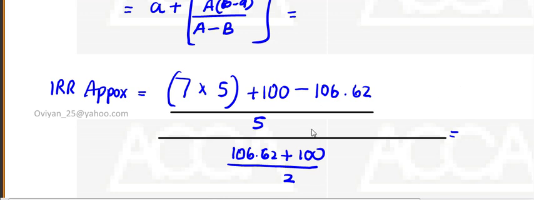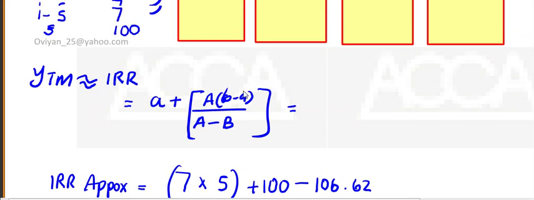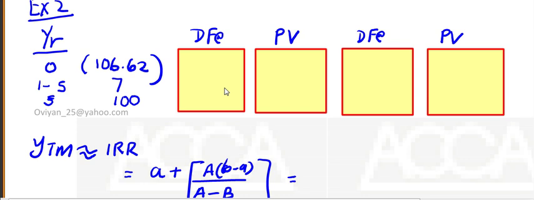Profits over average investment, and you should get something like 5.49%. Now, that is what I would do, and if I have the time, seriously, I would come back later and fill this up, because marks are given for this calculation.